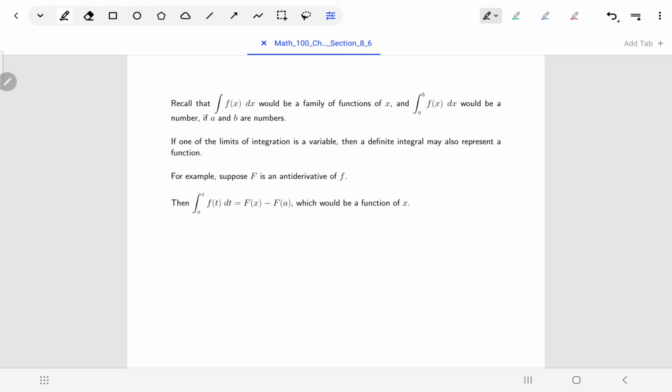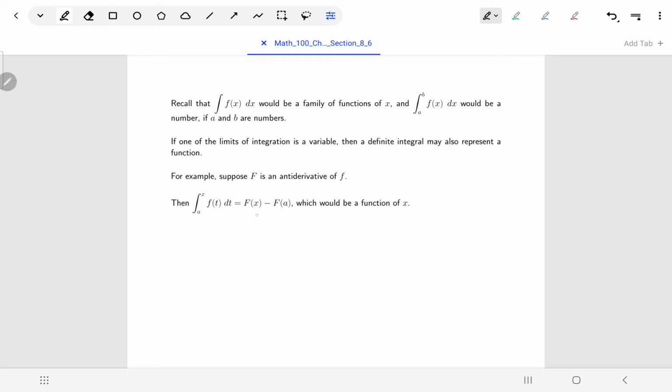However, you don't necessarily have to have numbers for your limits of integration. You could have x being one of the limits of integration, or a variable, or some function of that variable. So for example, suppose we had f of t dt and we were integrating it from a to x. If capital F was an antiderivative, the fundamental theorem of calculus part 1 tells you to evaluate at the top limit minus evaluate at the bottom limit.